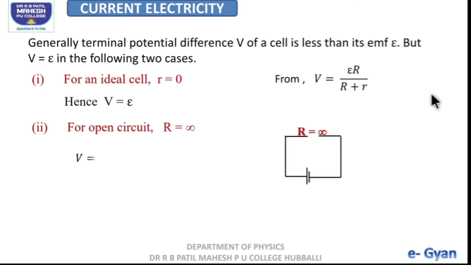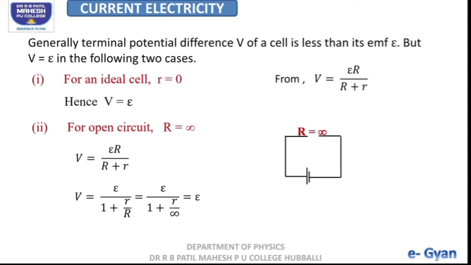Now V is equal to E into R divided by R plus small r, that is equal to E divided by 1 plus small r divided by capital R. Putting the value of R as infinity, we can write it as E divided by 1 plus r divided by infinity, that is equal to E. By this we have shown that V is equal to E. In this case also, terminal potential difference is equal to EMF of a cell.